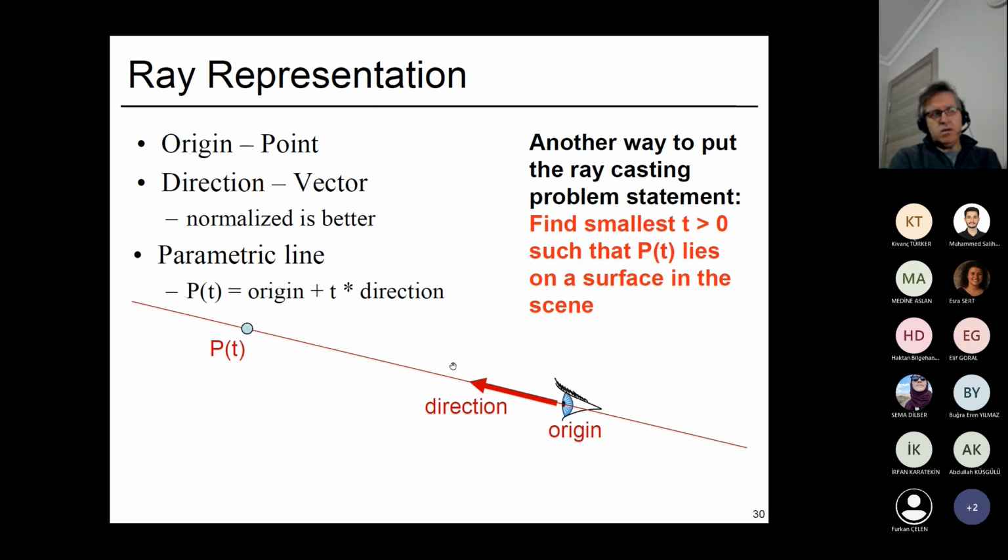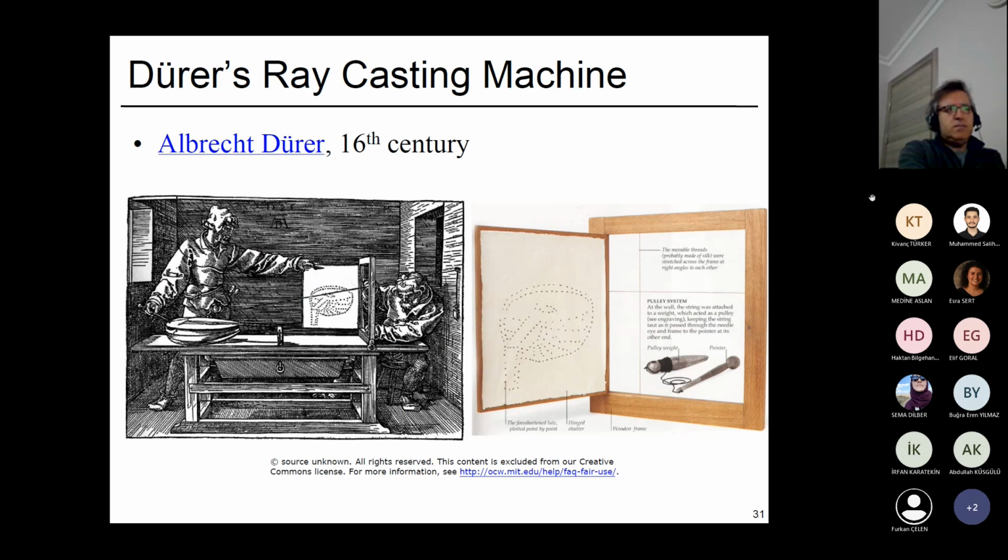The smallest number will give us the visible point, because if the ray is hitting multiple objects, the object that gives us the smallest t is the one that is visible. The rest will be behind that first object. So we are looking for t larger than 0, but the smallest of those numbers. The smallest positive number is going to be our answer.